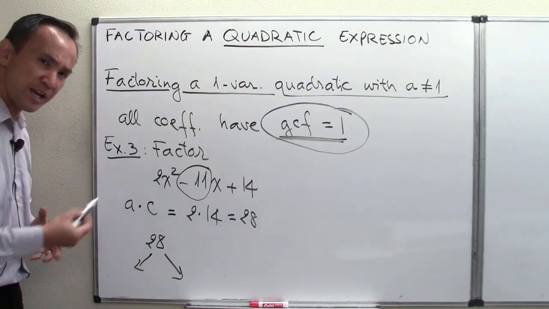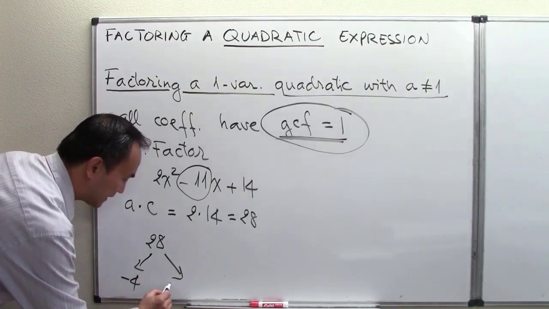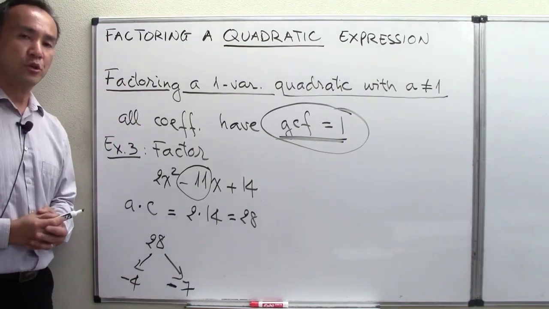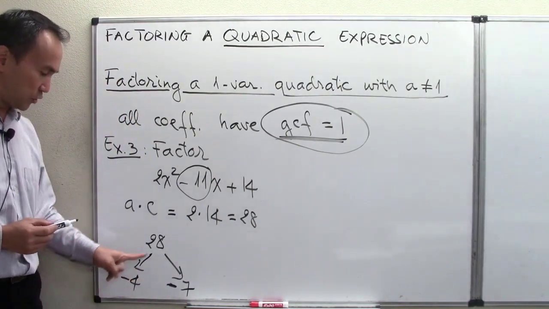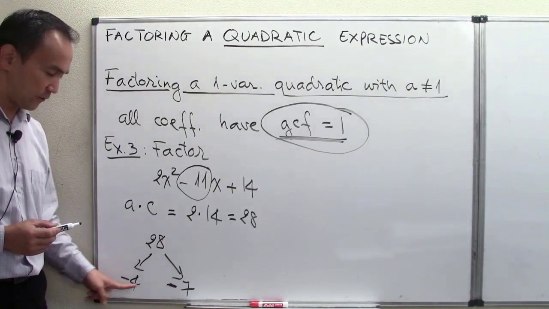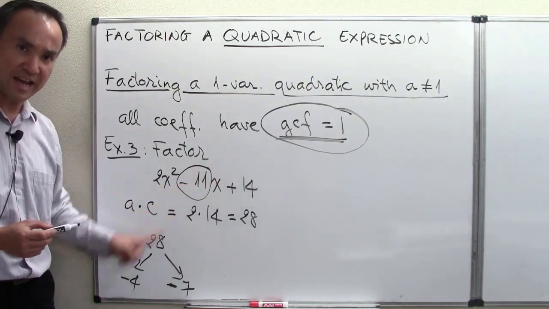And in my quick calculation, I can find that it's going to be minus 4 and minus 7. Those two factors of 28, including signs, are minus 4 and minus 7. Those two factors will add up to be minus 11. That's what we're looking for.